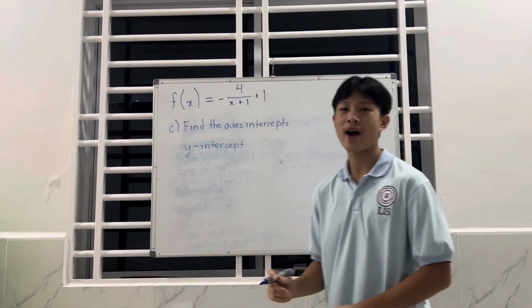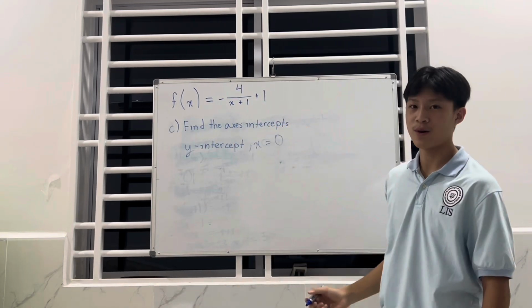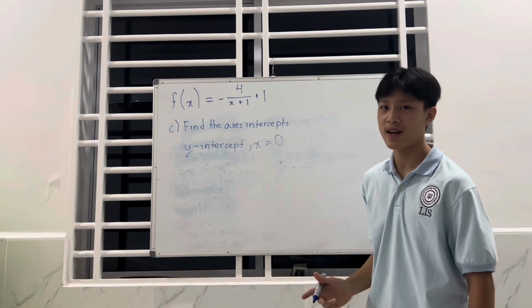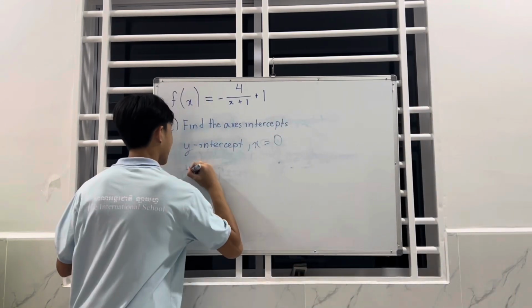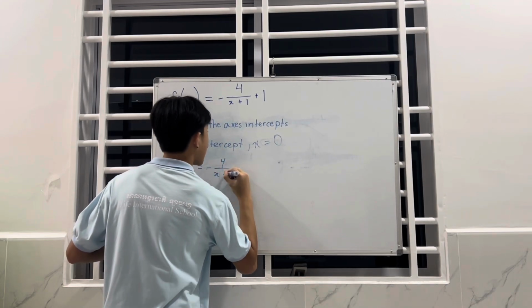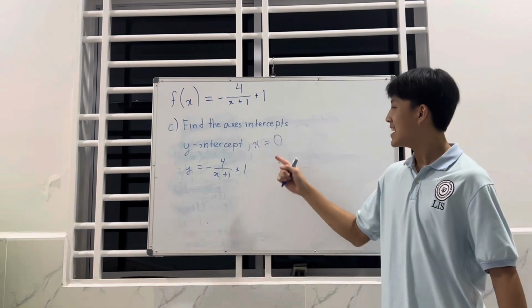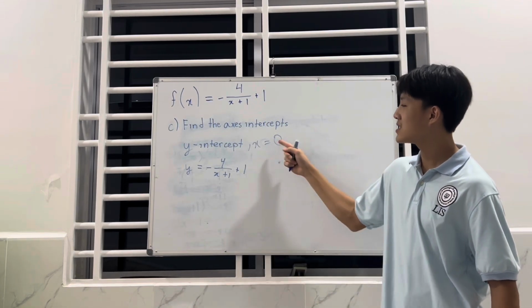And when you find the y-intercept, x becomes 0. So we're going to put this graph right here. After you put this graph, since x equals 0, we're going to substitute it.